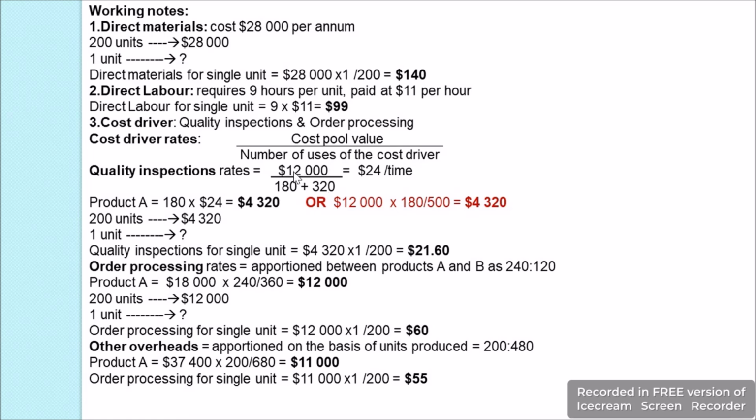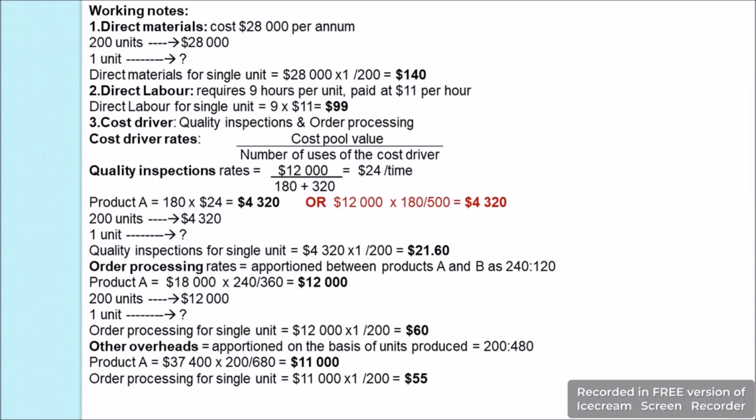So 12,000 divided by 500, we get the cost of quality inspection. For one inspection we are paying $24, and in the production of product A we have 180 inspections. So 180 times 24 will be $4,320.